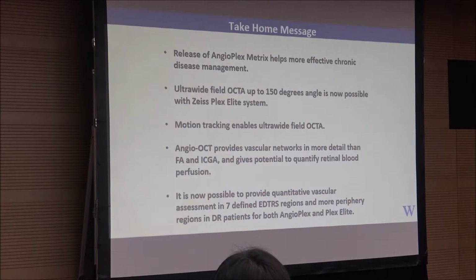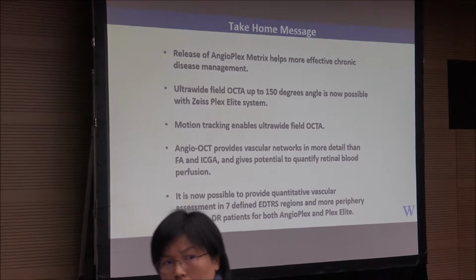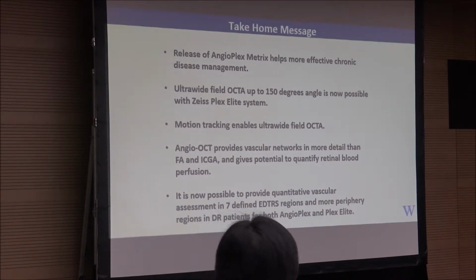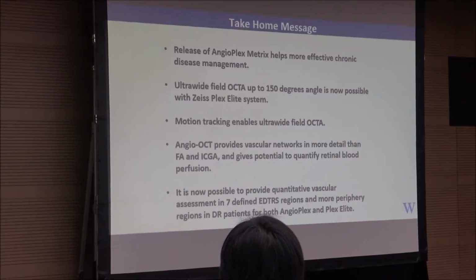So this is the take-home message for the ultra-wide field of view scans. The release of the Angioplex metrics helps you to do more effective chronic disease management. Ultra-wide field of view scans of the OCTA up to 150 degrees are possible using the motion tracking mechanism.